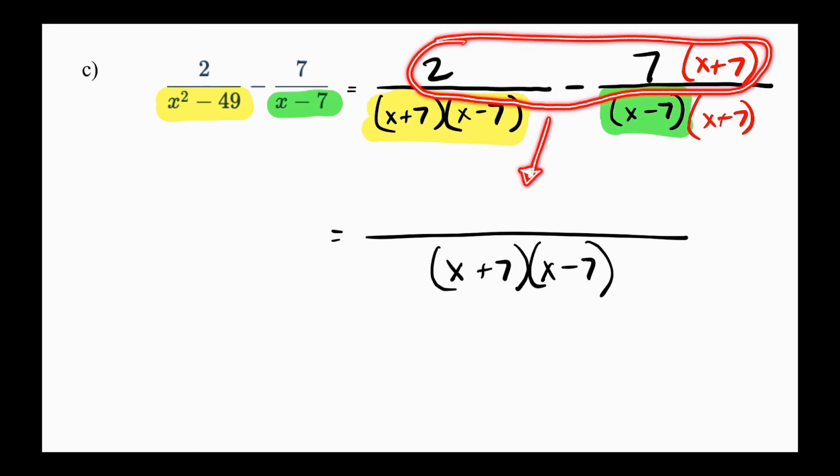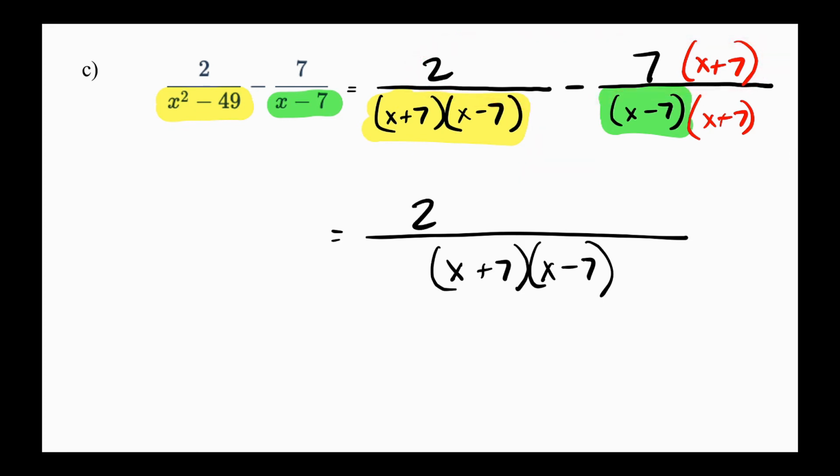Signs and everything. So it's 2 minus 7 parentheses x plus 7. Again, I cannot cancel this because of this minus here. If that minus wasn't there, go for it, but I can't do it because it's there.